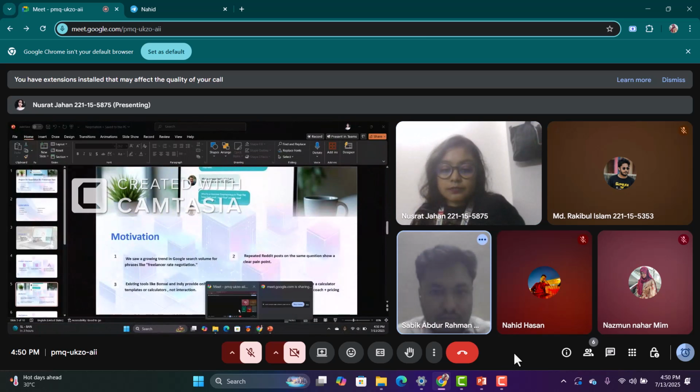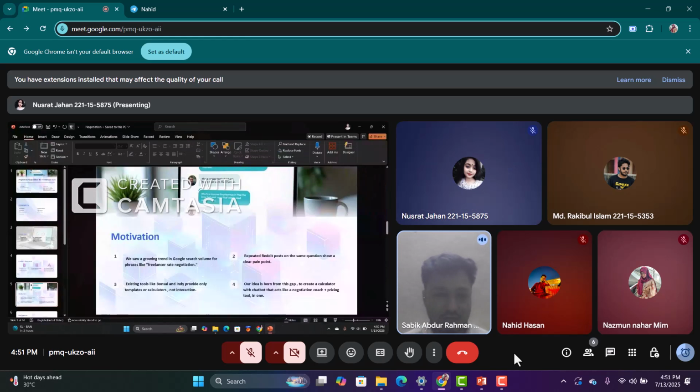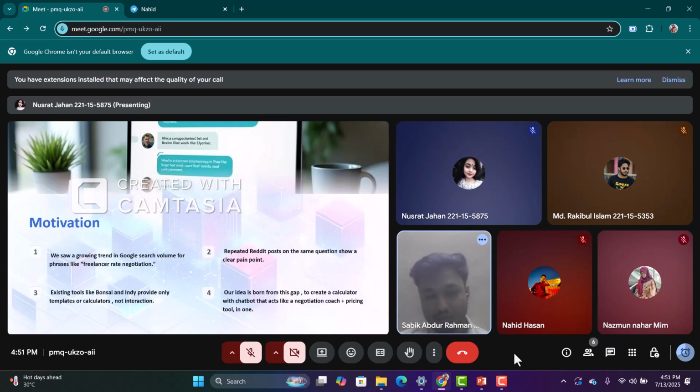Assalamu alaikum. Now I'm going to talk about the motivation segment of this presentation. The first line shows a growing trend in Google search volume for phrases like freelancer rate negotiation. This search interest signals a real need, where freelancers are actively looking for ways to improve how they discuss and set their rates.